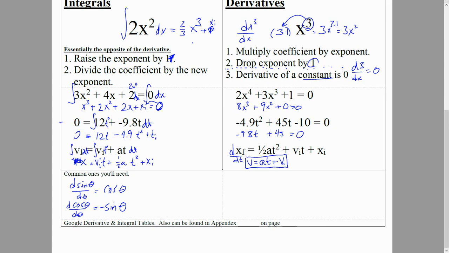Then we would also want to talk about, well, what happens if my x value is in the denominator? So I'd say the derivative of 1 over x with respect to x. This has got to be kind of goofy, because if I take my power of 1 and subtract it, then I get some strange stuff going on here, and that integral is going to be the natural log of x.